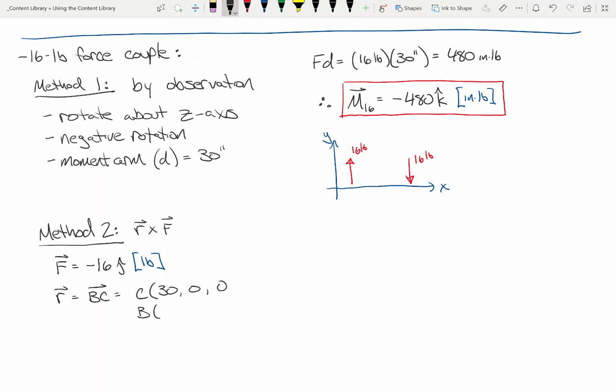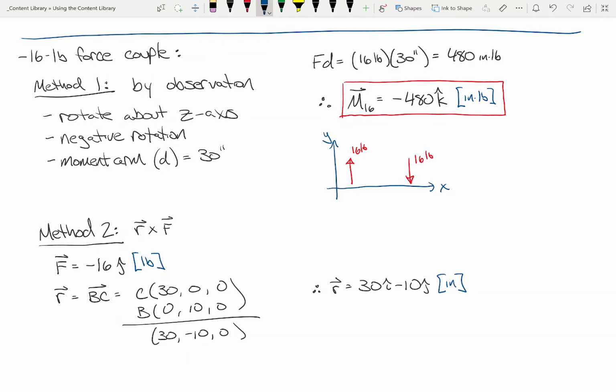And this is 0, 10, 0. Is that okay? Is that a fair way of doing this? Okay.